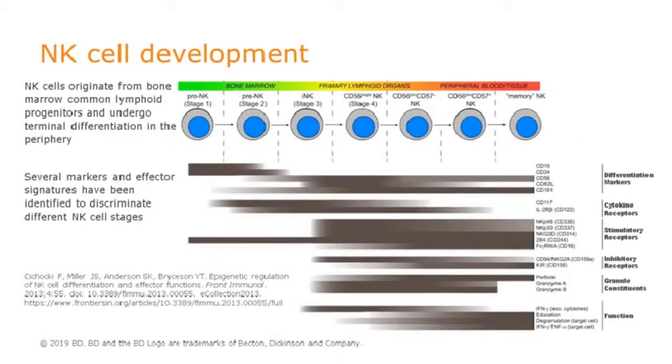Looking a little more in detail at NK cell development, we'll use this cartoon from a review in Frontiers in Immunology, where we know that over decades, a lot of study has been performed to identify the different steps of maturation of NK cells from the bone marrow, from a pro-NK phenotype, to mature NK cells in the circulation.